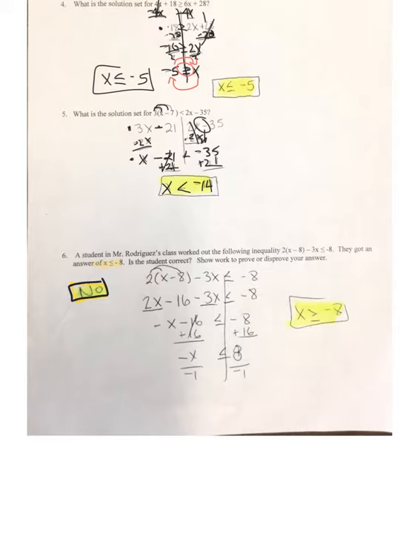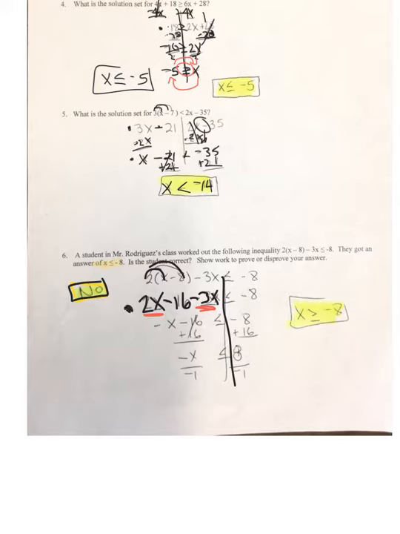2 times parentheses x minus 8 minus 3x less than or equal to negative 8. Okay? Start by distributing the 2. 2x, 2 times 8 is 16. There's a minus sign. This minus 3x still comes along. We haven't done anything with it yet. Now, I need to combine like terms.